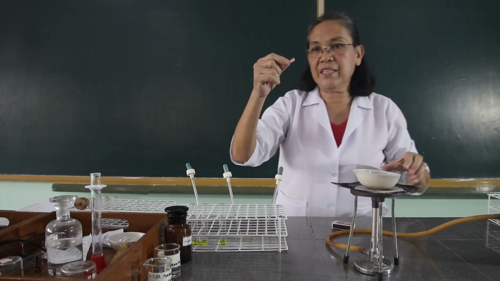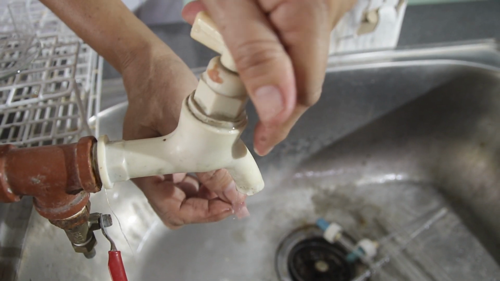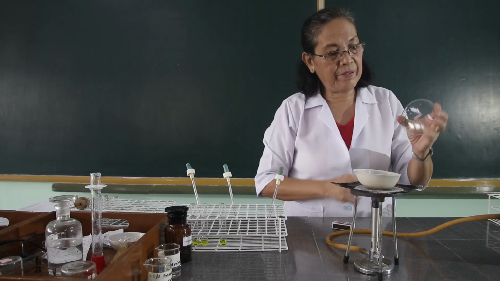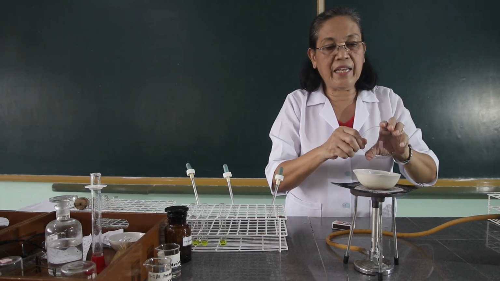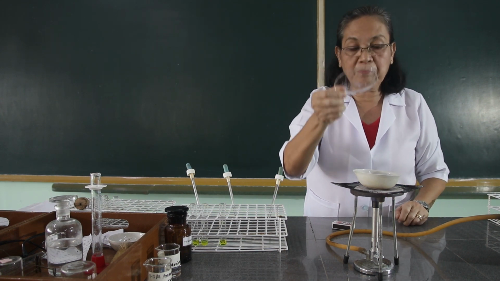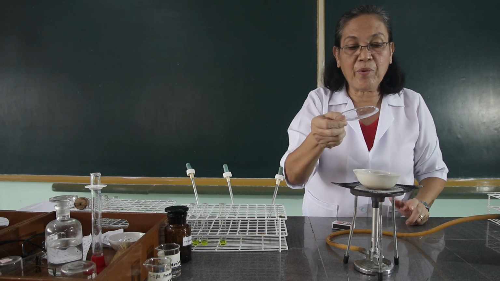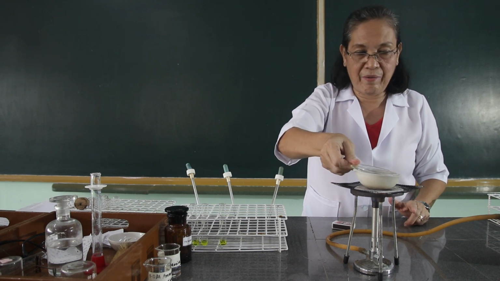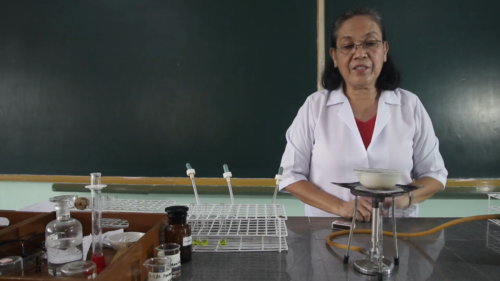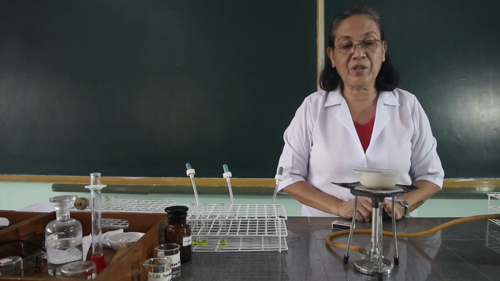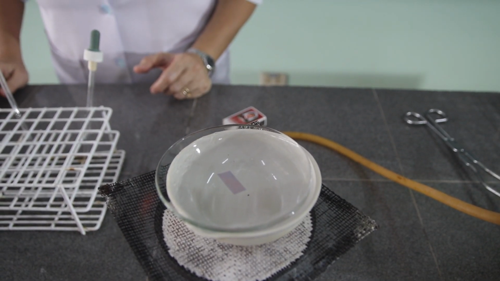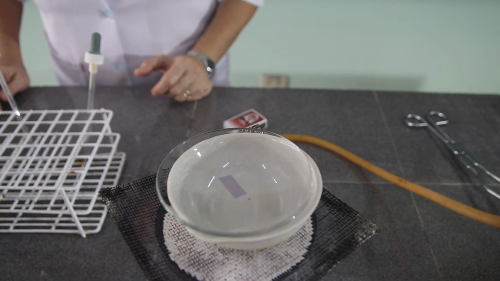So let's wet this red litmus paper and let it stick at the bottom part of the watch glass, and place this, exposing that litmus paper onto the vapor of ammonium chloride. Let's check it later. So this is how to test for the presence of ammonium ions. Observe what happens.